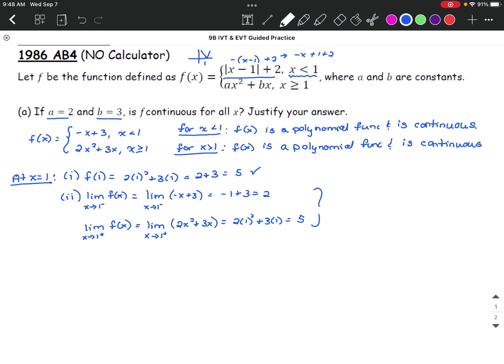Now if you look at the limit from the left and the limit from the right, they are not equal, which means that the limit as x approaches 1 of f of x does not exist, and therefore f of x is not continuous at 1. But it is continuous for all x not equal to 1.